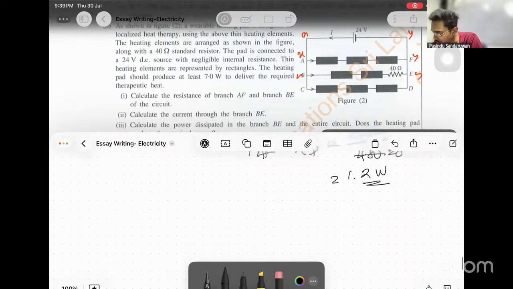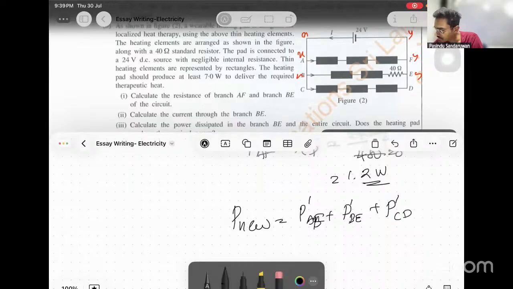Then the new power is the new power of AF plus the new power of BE plus the new power of CD.